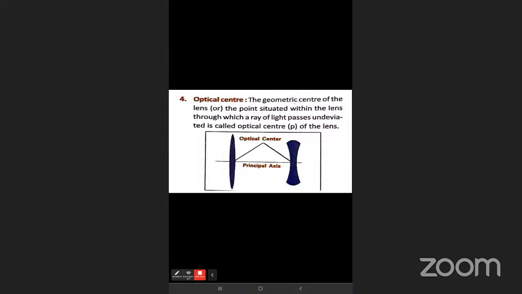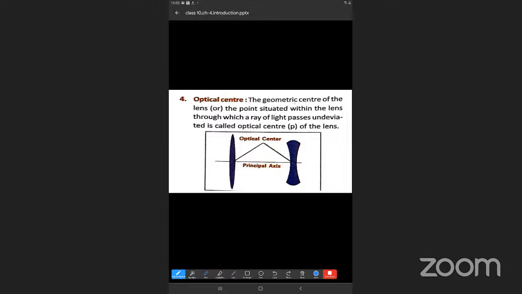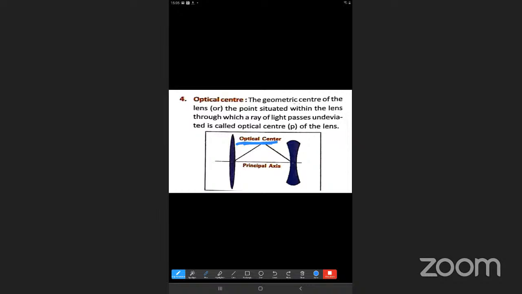And next, optical center. Optical center means the geometric center of the lens, or the point situated within the lens through which a ray of light passes undeviated.